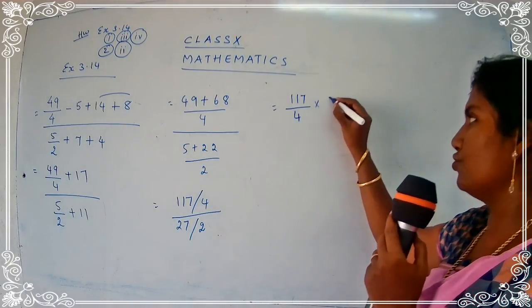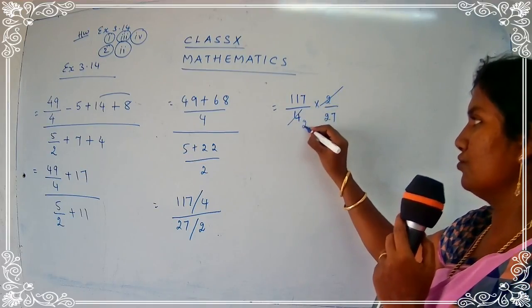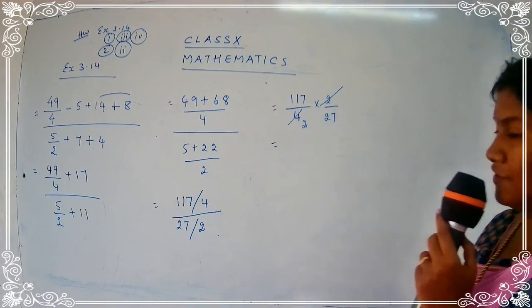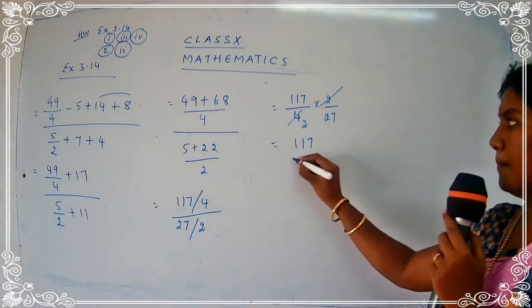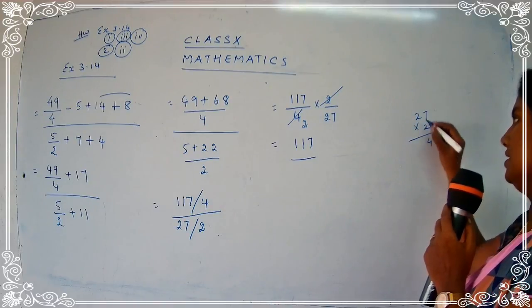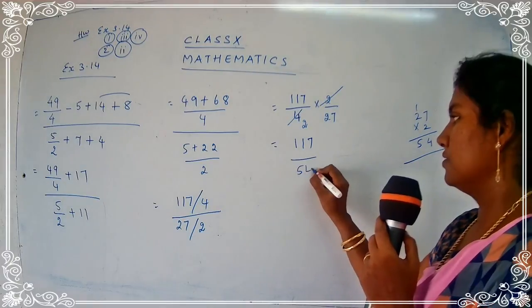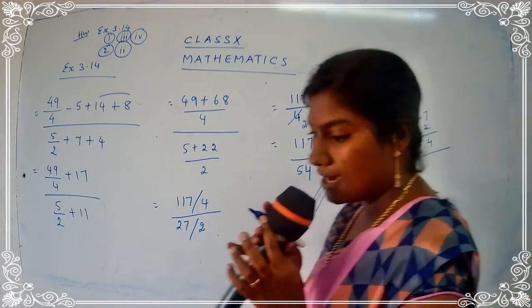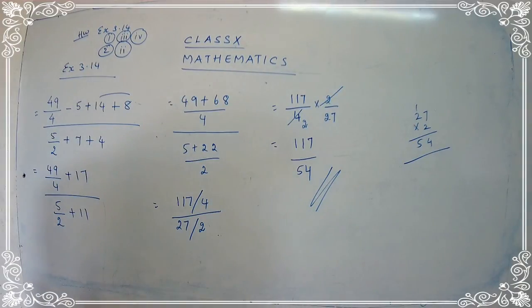Yes, that's 2 upon 27. 2 ones are 2, 2 twos are 4. So what is left in the numerator part? 117 upon 27 twos are 54. So what is the answer? 117 upon 54.